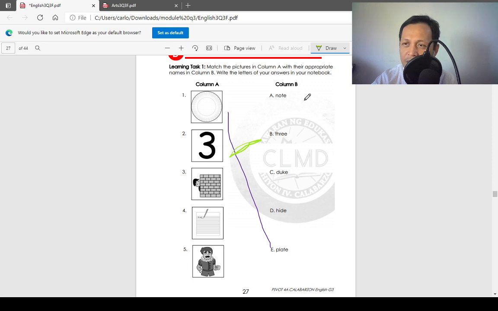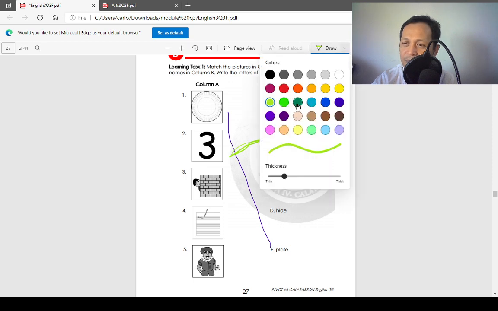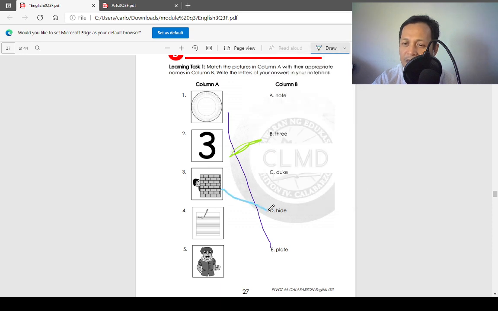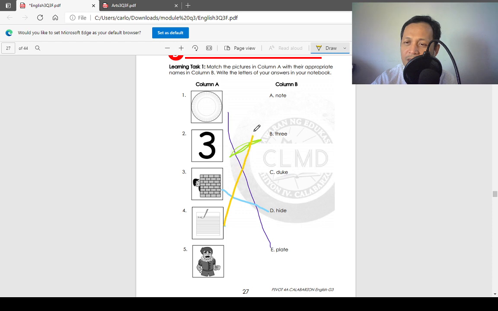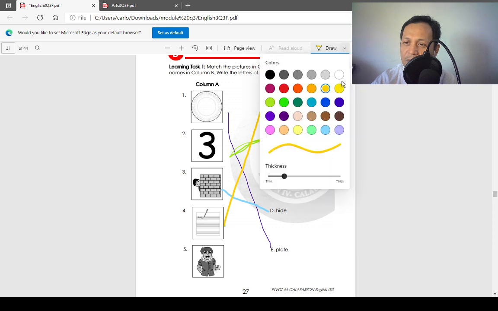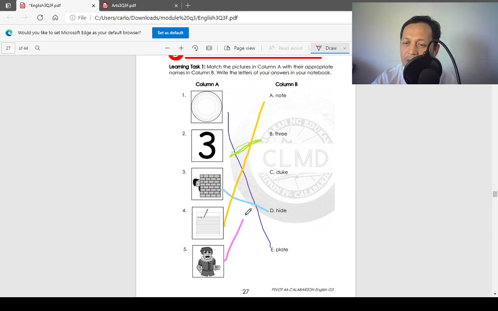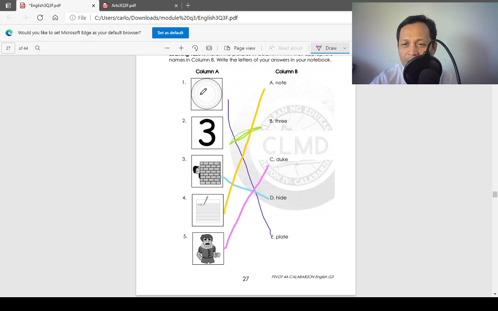So that is hide. Then we have this one. We call that note. And the last one we have is the duke.